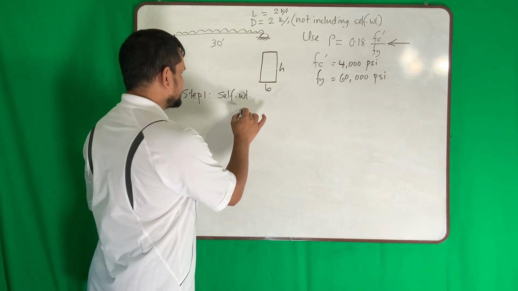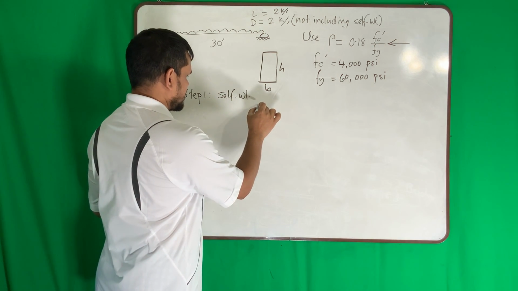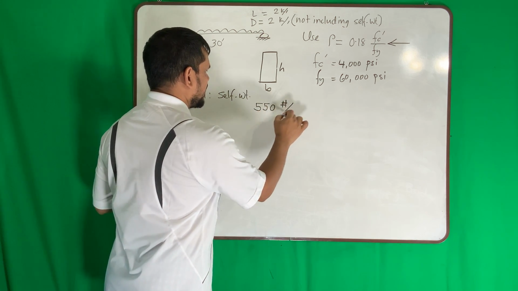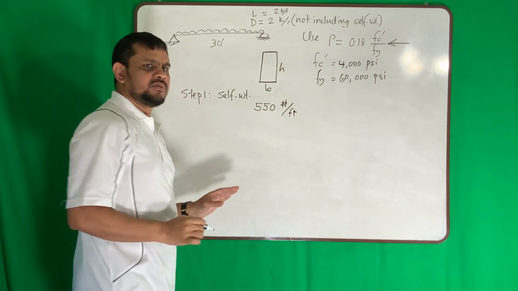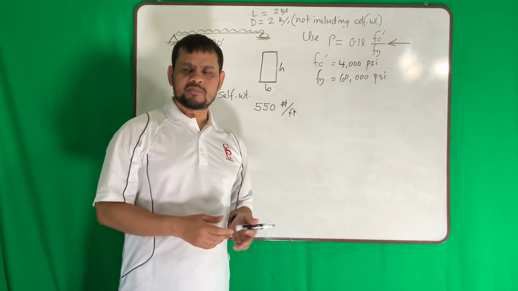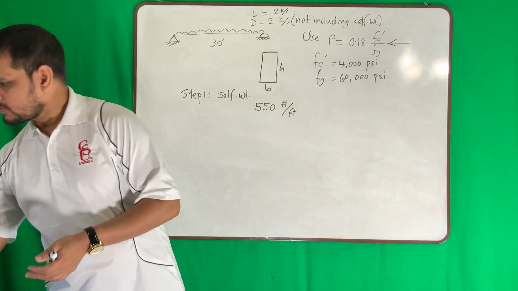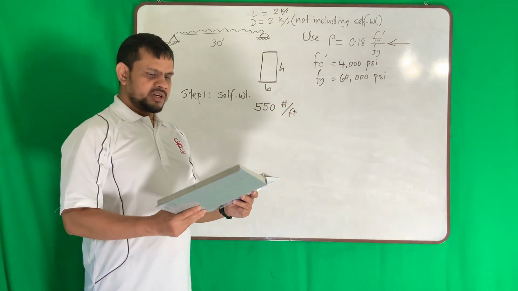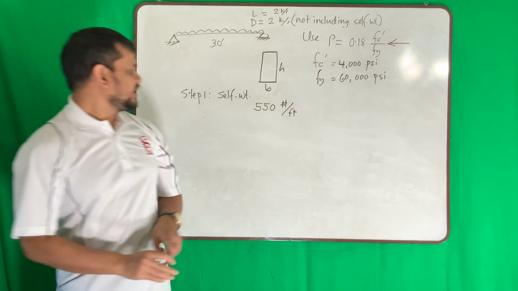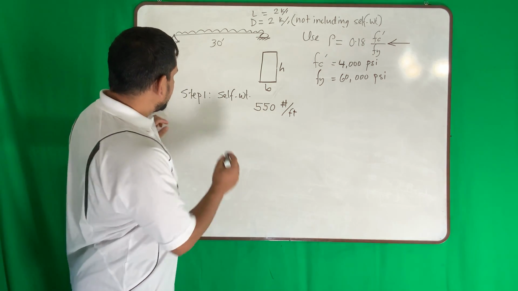So I will assume self weight, say 550 pound per feet. Okay, let me see your book. Yes, your book did not give us any self weight. So we will use this. Now, so this is number one.